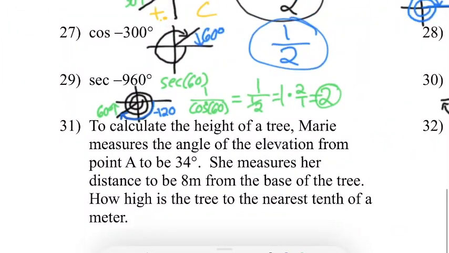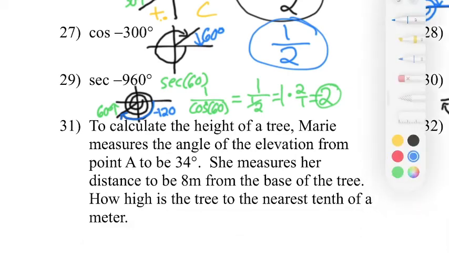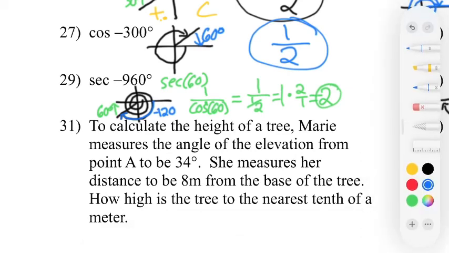For 31, we want to sketch it. We want to sketch our problem to calculate the height of a tree. So here's our ground. Here's our little Christmas tree. No, it does not have to be a Christmas tree, but a Christmas tree is the easiest thing to draw.